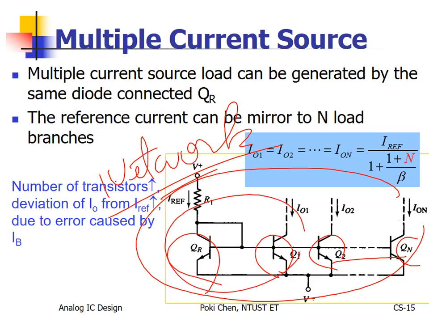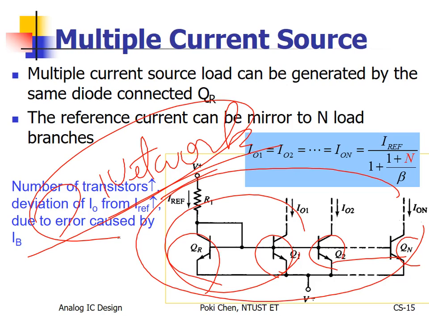Even if you only have one-to-one, sometimes we still call it a bias network. So if you hear anything about a bias network, it means the circuit to help you generate, usually, bias currents for all the others.